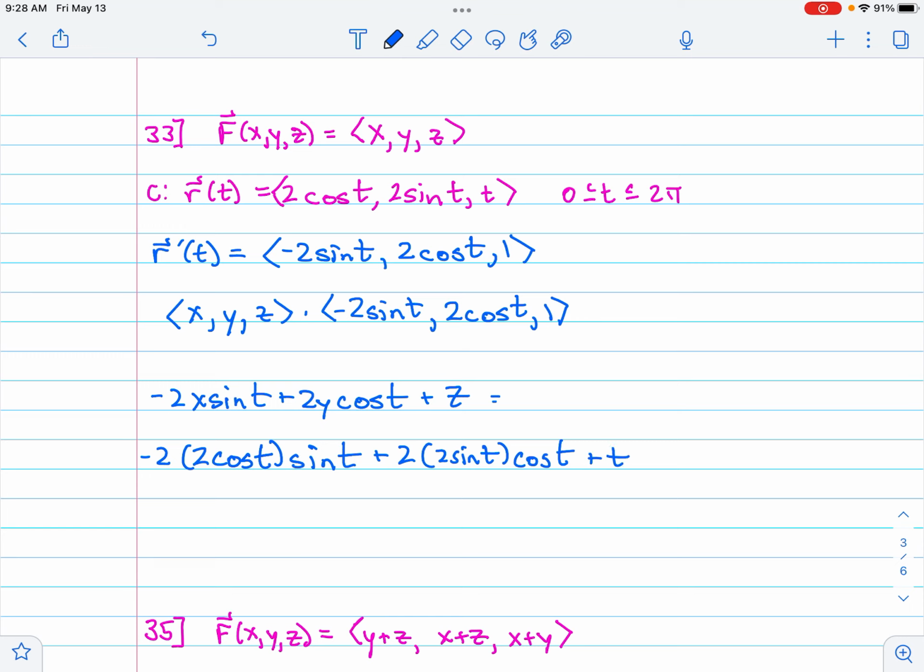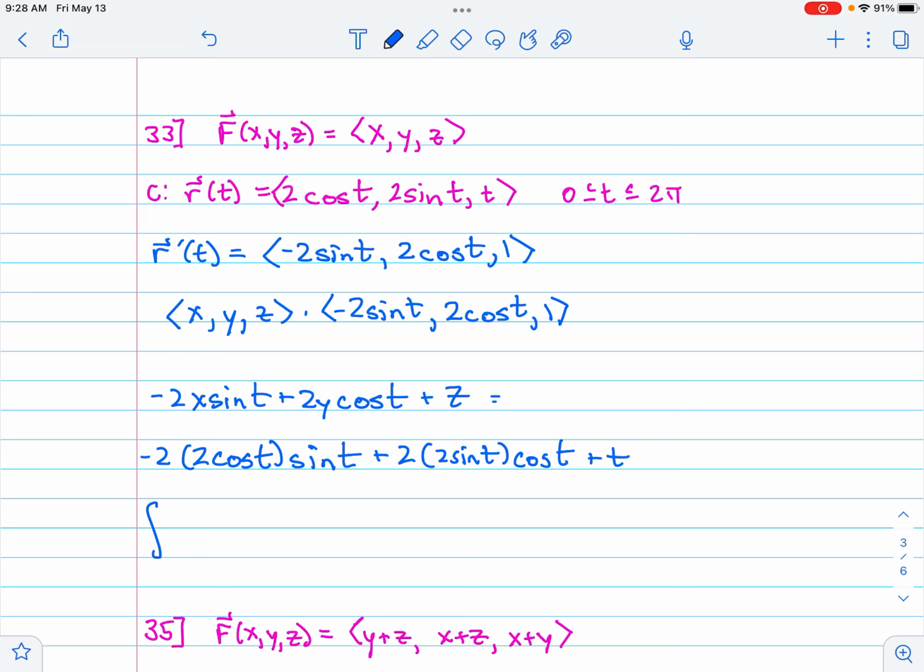Let's just make sure we got everything right. 2 cosine t, I put that in place of x. 2 sine t, I put that in place of y. And in place of z, I put a t. Yeah, good. Now this is what we're going to integrate.